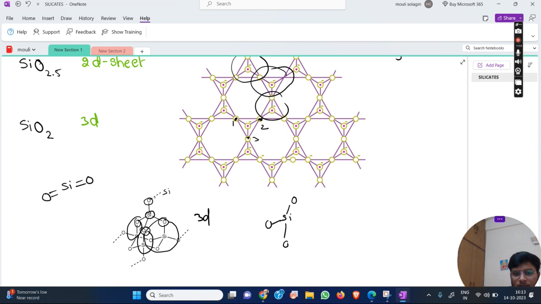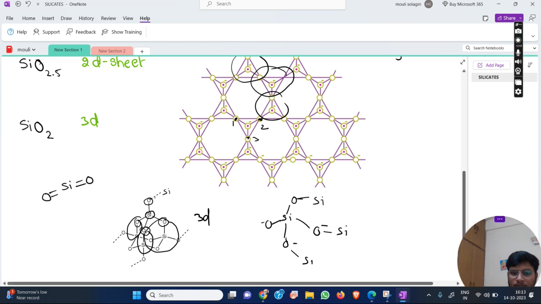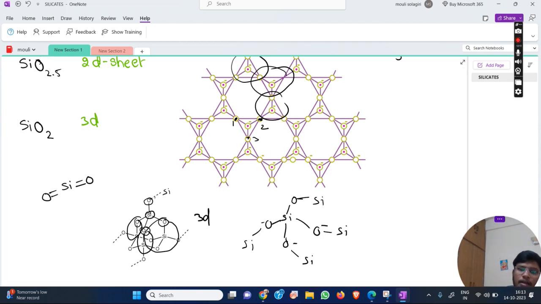Now we have studied the orthosilicates. This oxygen will attach to some other Si, and this is some other Si, this is some other Si. Like this, each oxygen will be a corner for another tetrahedron. So 4 oxygen atoms are shared.